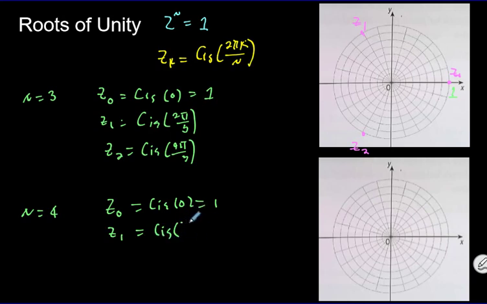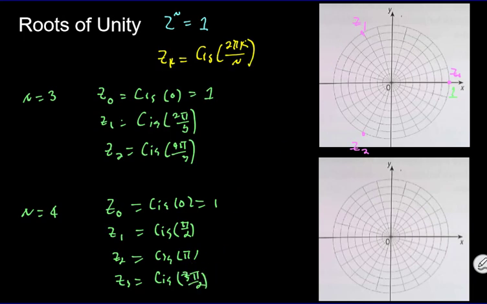Then z of 2, which is CIS of pi, this time the 2 and the 4 cancel out, and z of 3, we're going to get CIS of 3 pi over 2, right?